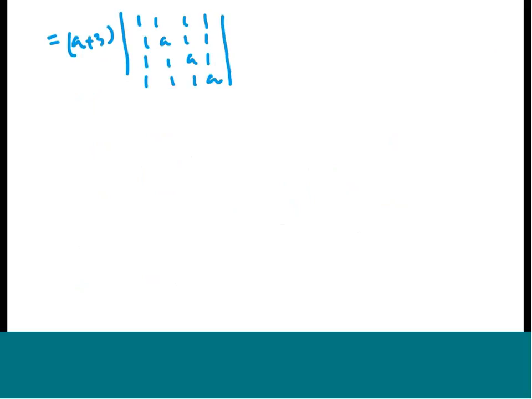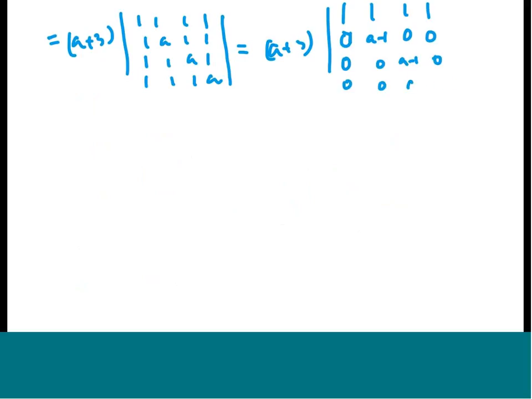If I multiply by minus 1, then get A plus 3, then 1, 1, 1, 1, 1, and 0, A minus 1, 0, 0, 0, A minus 1, 0, 0, 0, 0, A minus 1. So every one is A minus 1. So using all row operation, we don't need to calculate it.